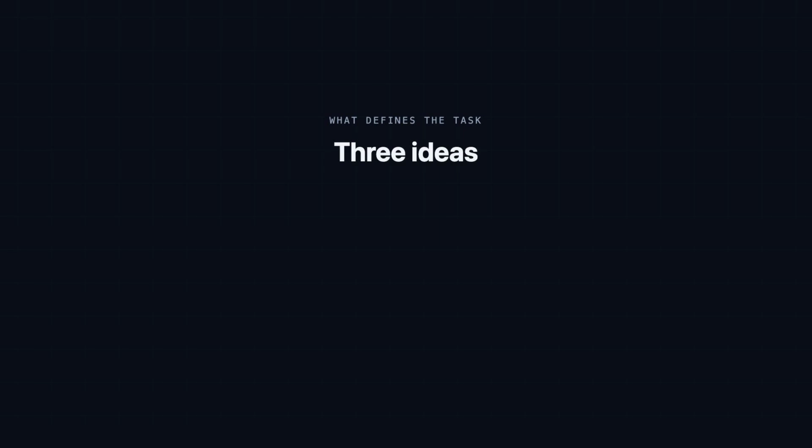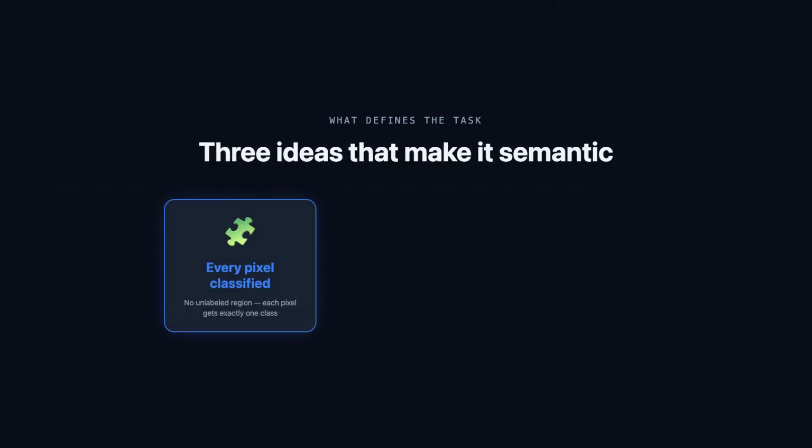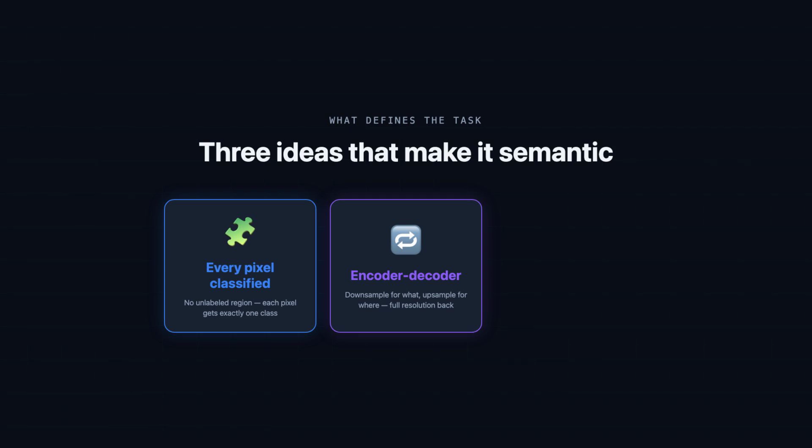So let's lock in the three ideas that really define this task. First, it classifies every pixel into a category. There's no leftover background, no unlabeled region. Whether it's road, tree, or sky, each pixel is assigned exactly one class, producing that complete, dense map of the whole scene. Second, the encoder-decoder recovers full resolution.